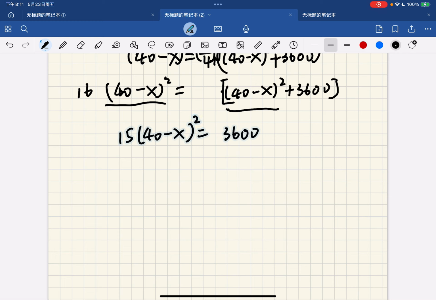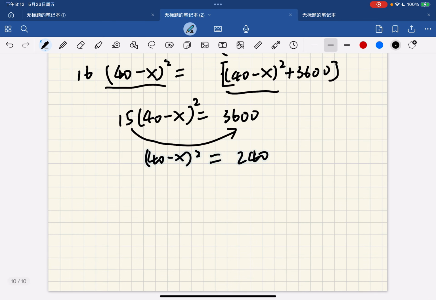We can move the 15 to the right side, and put a square root on both sides, which will equal to the following. Because the question requires us to use decimal places, we need to figure out approximately the decimal part.